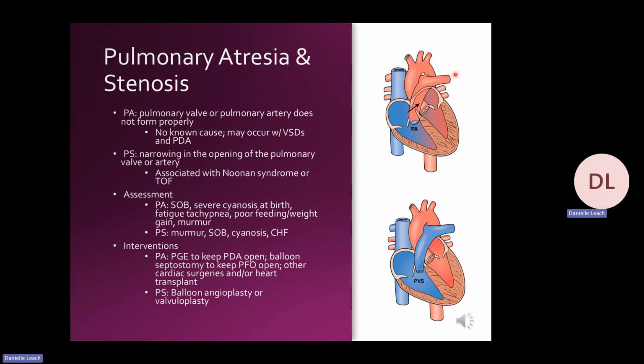They can also have a balloon septostomy to keep the PFO open. So basically via cardiac cath, they could come in here and keep this PFO open so that it doesn't close. Other cardiac surgeries and possibly a heart transplant depending on how severe the atresia is.